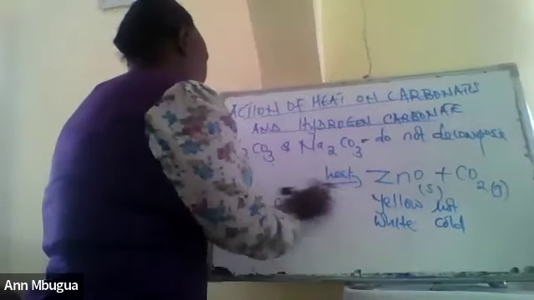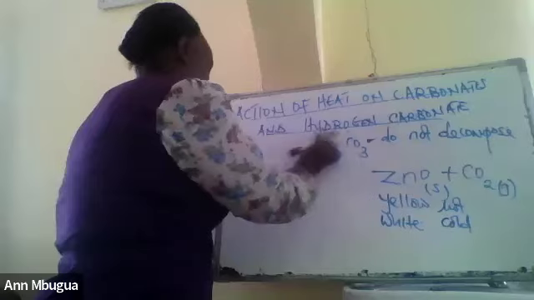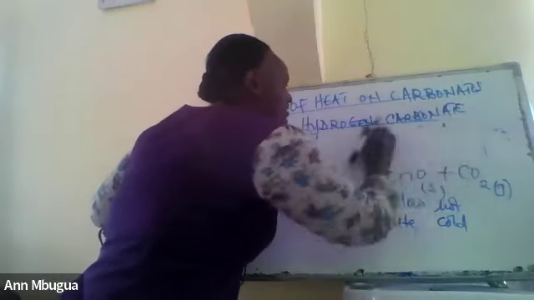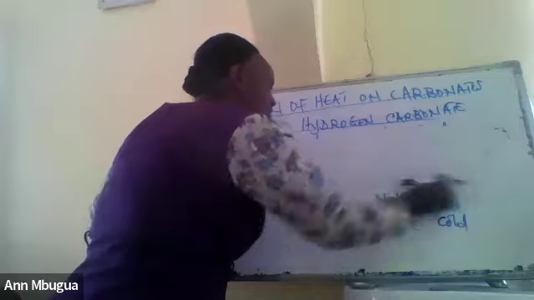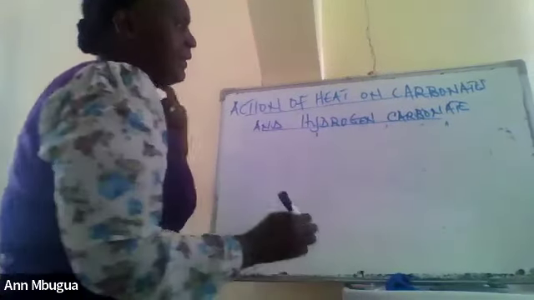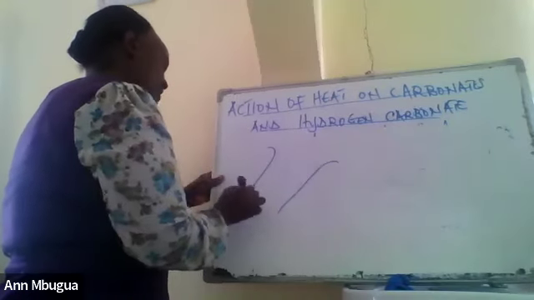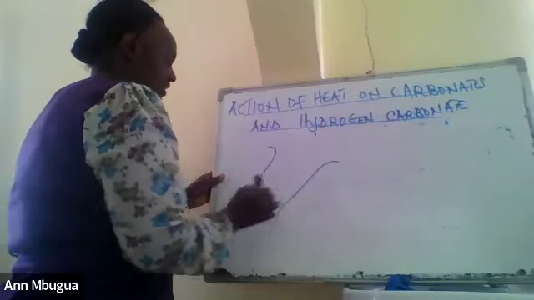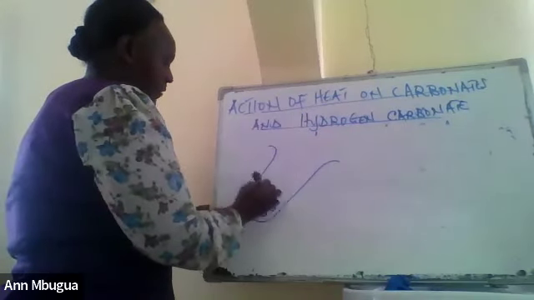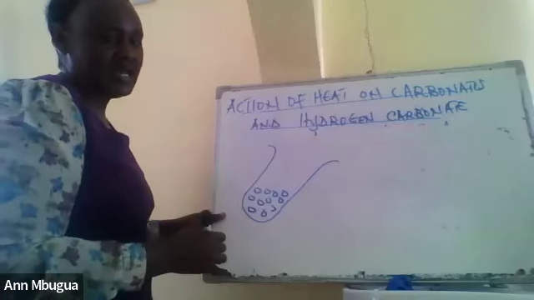Diagrammatically, this is also a very common diagram in the exam. This is how the concept of effects of heat on carbonates is tested. Mostly, the examiner will draw a boiling tube, and the solid here can be any of the carbonates that we've discussed.